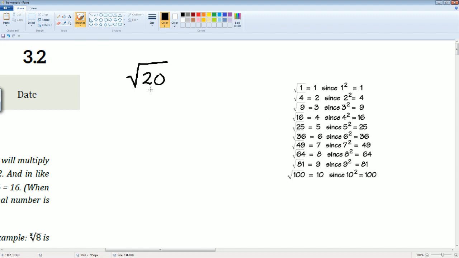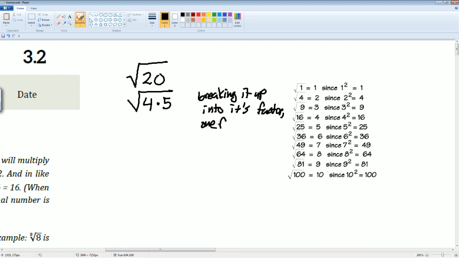The two factors I'm going to use are 4 times 5. This is just breaking it up into its factors. Notice one factor is perfect. You should remember this list of perfect squares from 6th, 7th grade.